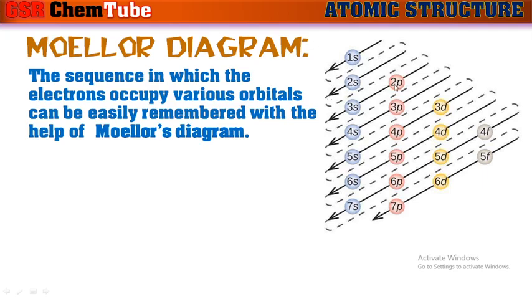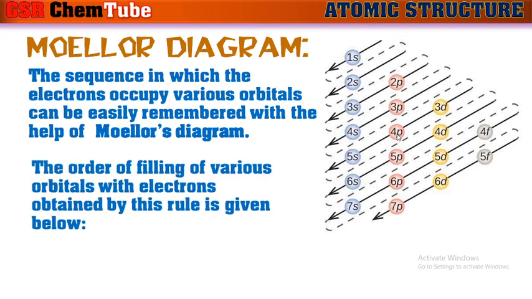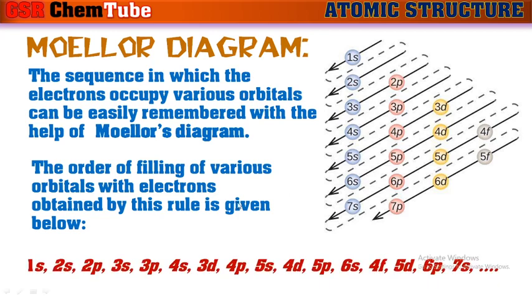After this 2p, 3s, 3p, 4s, 3d and so on. In this way, electrons occupy the lowest energy orbitals first and then they enter into higher energy orbitals. Here you can see the order of filling of various orbitals with electrons obtained by this rule. This is the increasing order of the energy of the orbitals.